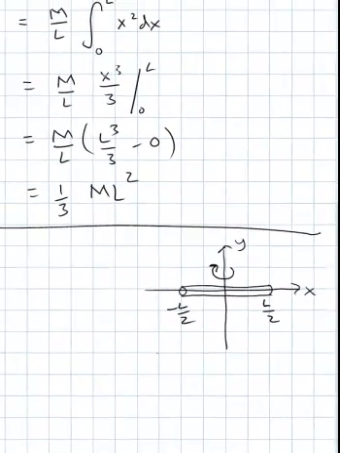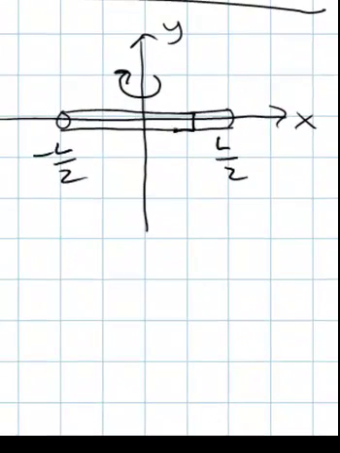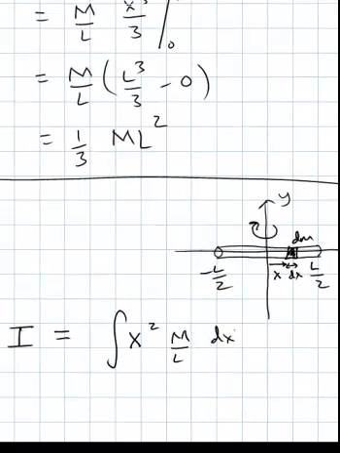So the rotational inertia, or the moment of inertia, is going to be the integral of, again, we're going to pick some arbitrary dm, and the distance to that point is x, and that is dx, so it's going to be x squared m over L dx, just as it was in the last example.